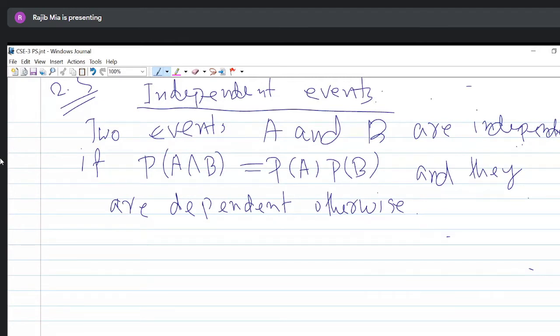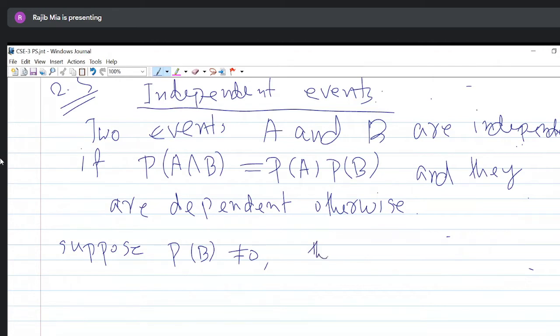Now we can derive another relation from the conditional probability for independent events. Suppose we assume that probability of B is not equal to 0.